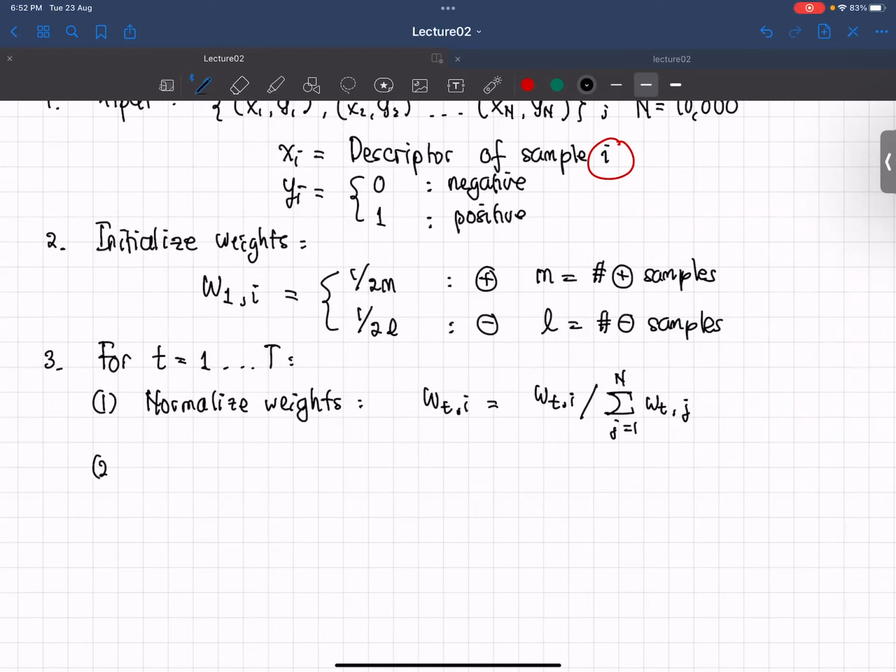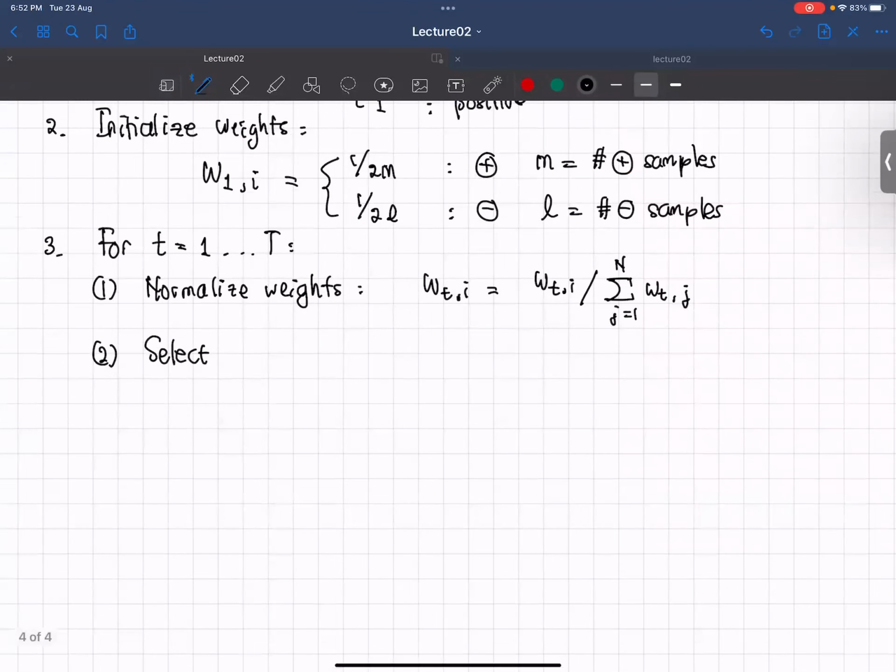Step number 2 is to select the best weak classifier.